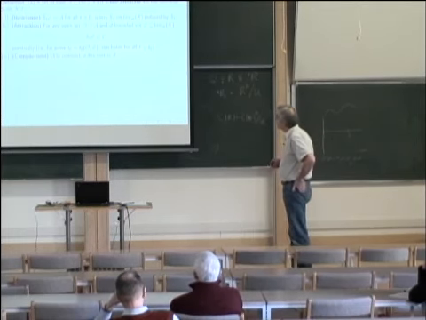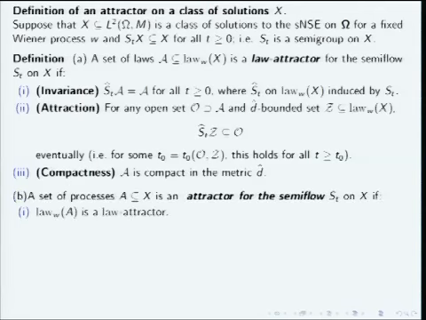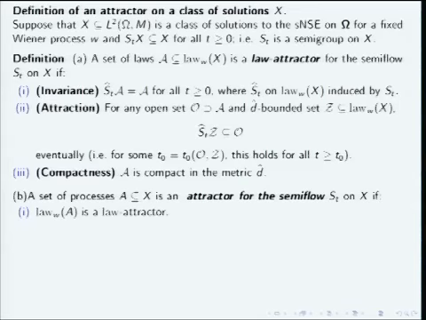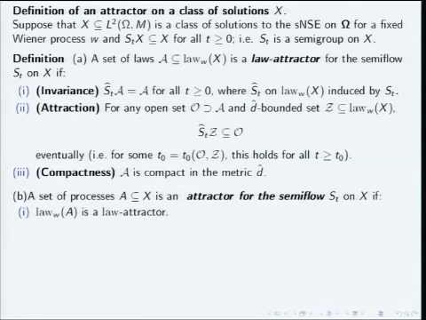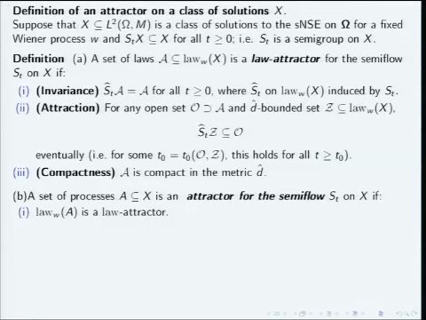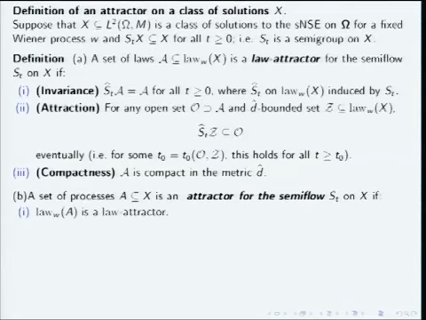Now, what we'd like then is to say, well, what's an attractor in the sense of a set of processes that's an attractor? And first of all, we say that it's a law attractor. So if we look at the laws, we get an attractor in the sense above here.